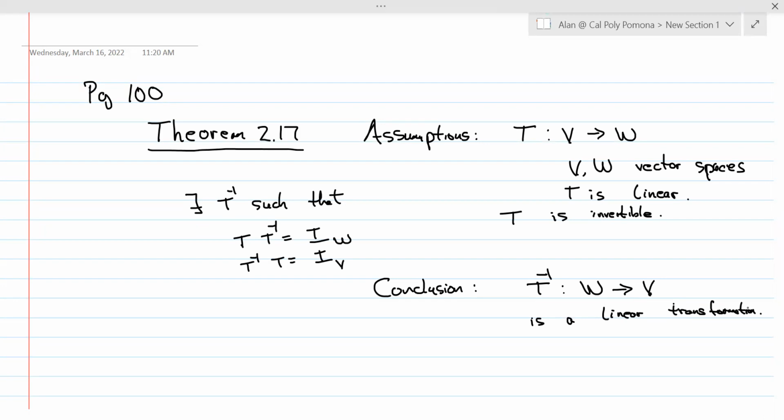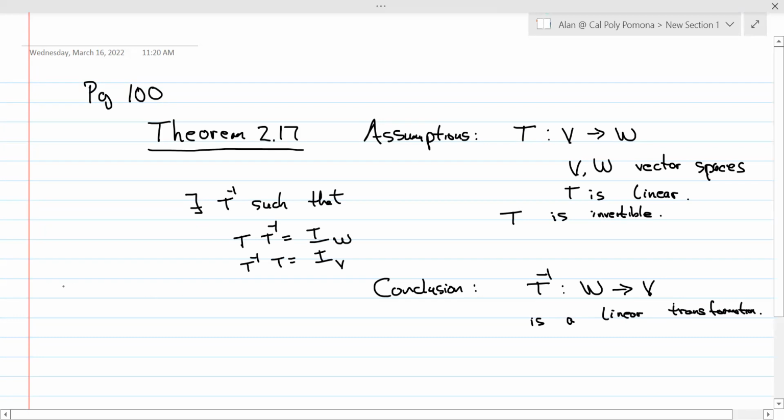So, for instance, in calculus, if you were given the function, say x squared, what would the inverse function there be? Let's assume x is positive here for now. The square root of x. Square root of x, right?